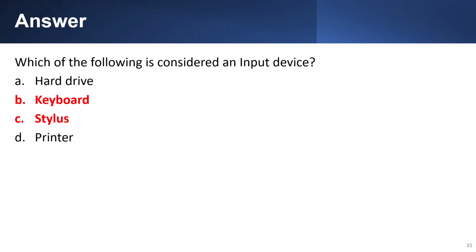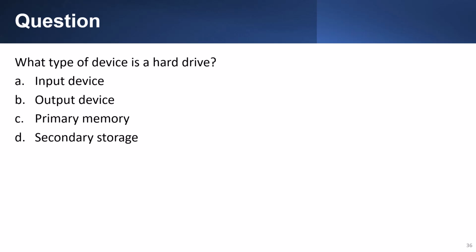Answer: keyboard and stylus. A stylus is a device that looks like and functions as a digital pen. Question: what type of device is a hard drive? Answer: secondary storage.